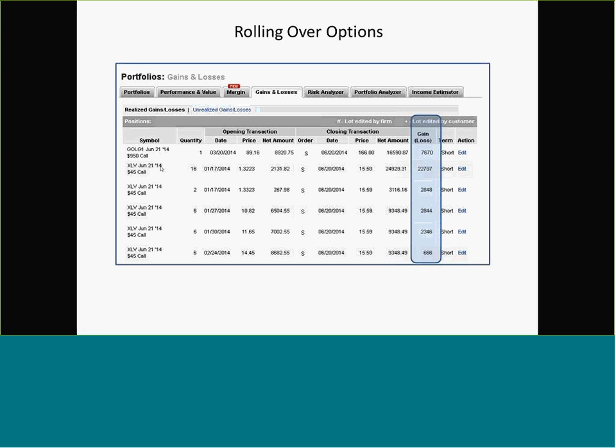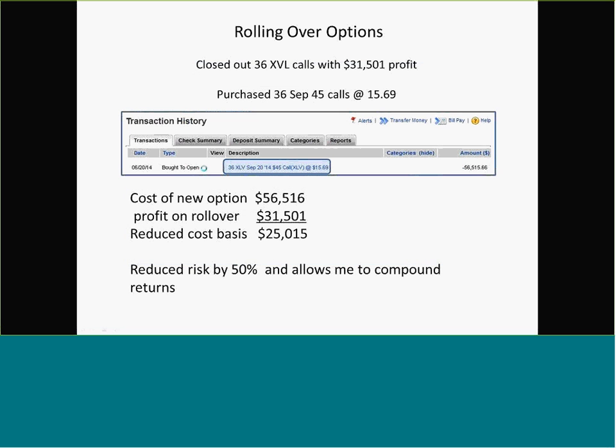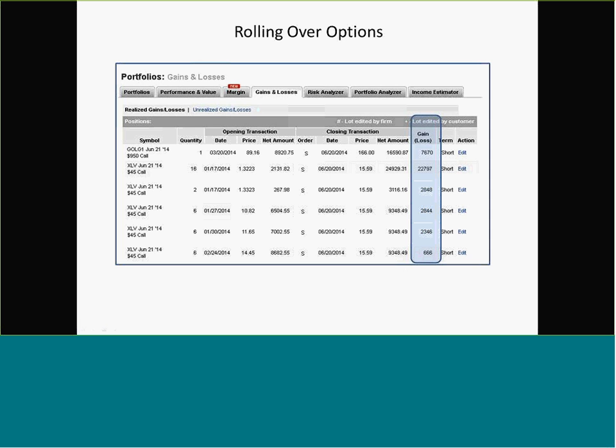I had a total of 36 options. I had the June 45 strike call. So these are just the various prices that I got filled. So I had 36 of the June 45 strike calls, and this lists the profits that I had for those 36 calls. I got filled at different price points, so that's why there's 5 different prices here.